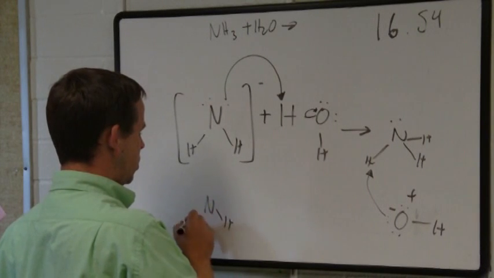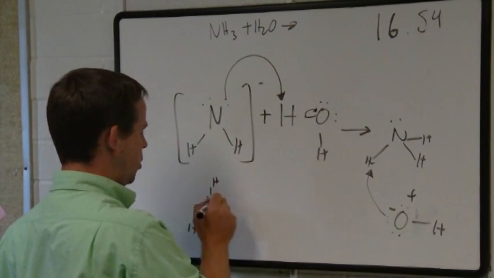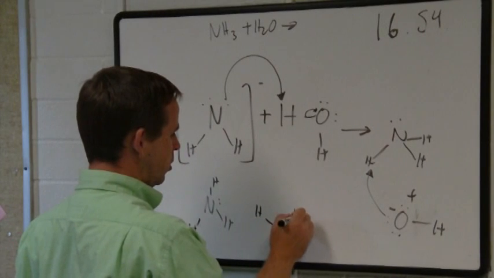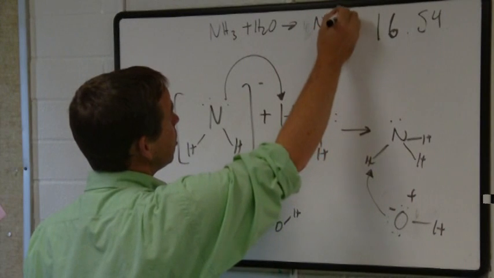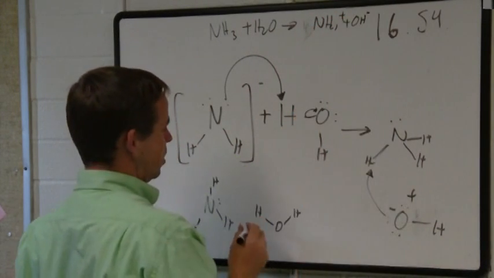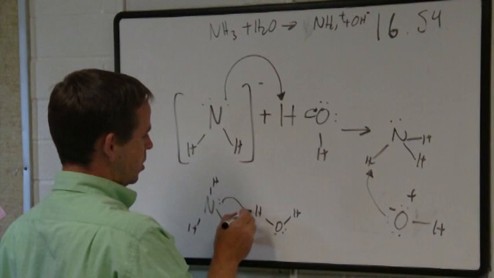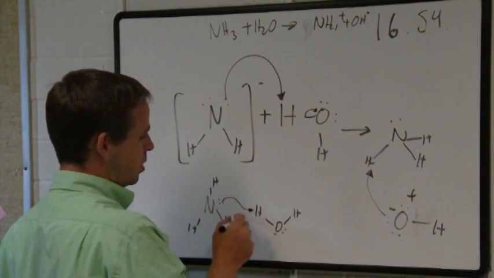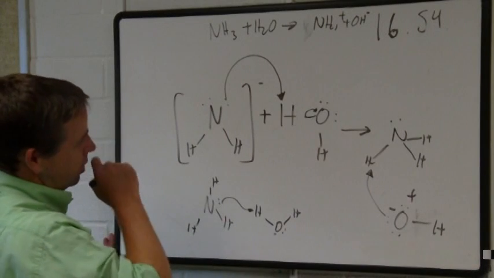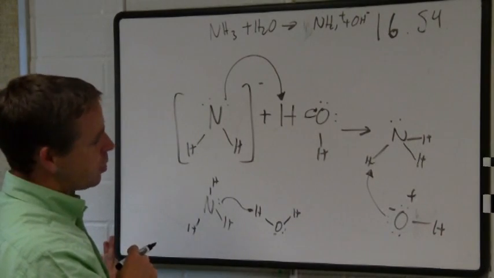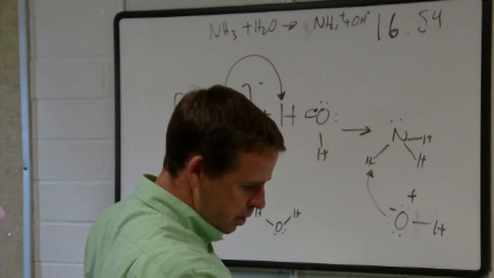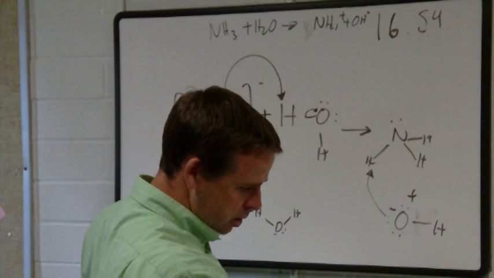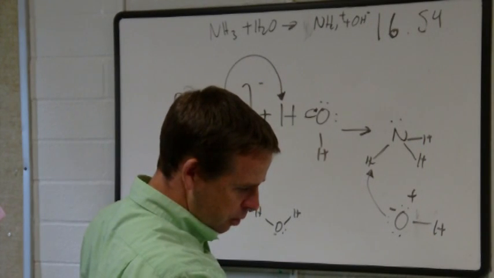We have NH3 and protons, then we have water, and this forms NH4 plus and OH minus. This here is the Lewis base. This is accepting a share. So I'm not exactly sure what they're trying to say by show that the following reaction can be viewed as the displacement of one Lewis base by another Lewis base from a Lewis acid. I don't know what they're saying there.